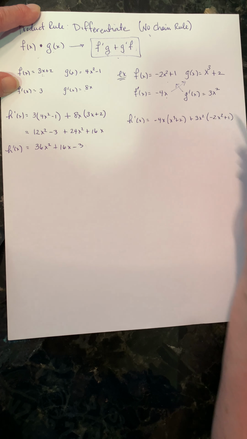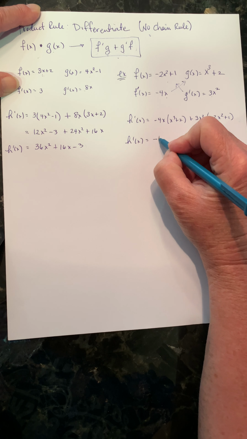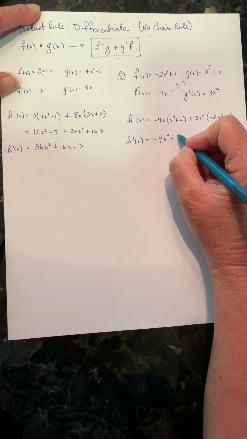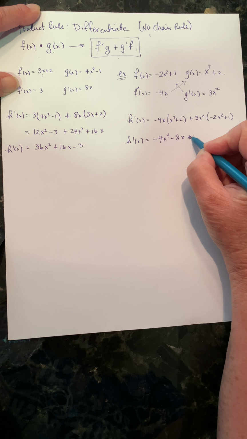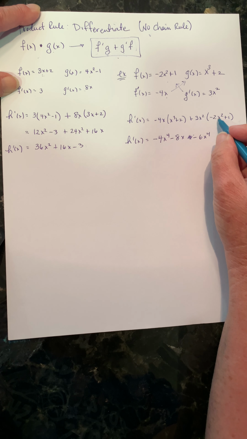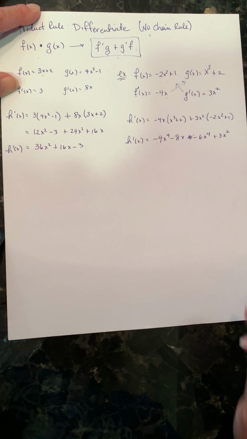So h prime of x equals negative 4x to the 4th minus 8x plus minus 6x to the 4th, and then we get plus 3x squared.